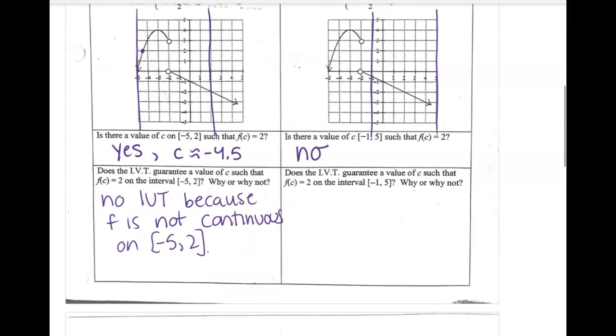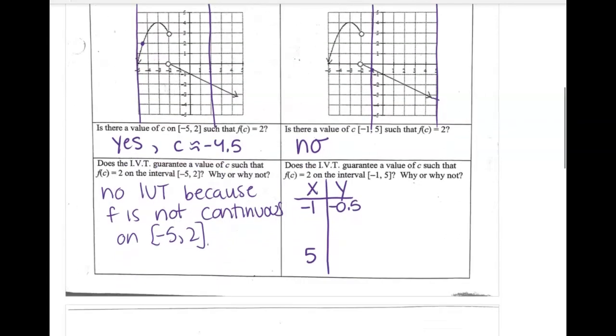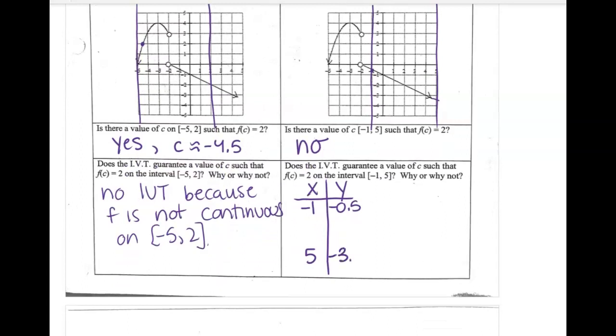But let's see. So it's continuous, but now let's look at our x and y values. So our interval goes from -1 to 5. So those are our x values. And over here for y, f of -1 looks like about negative 0.5, and f of 5, if we continued it, looks like maybe negative 3.5.